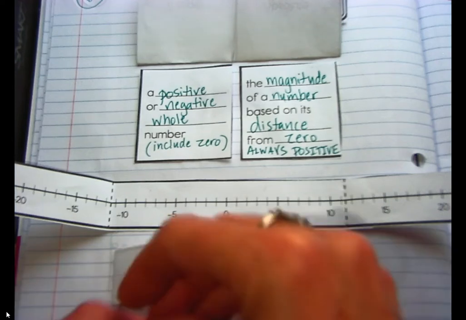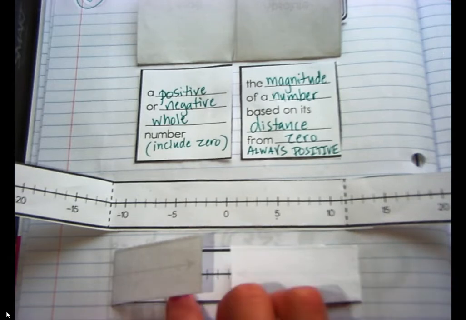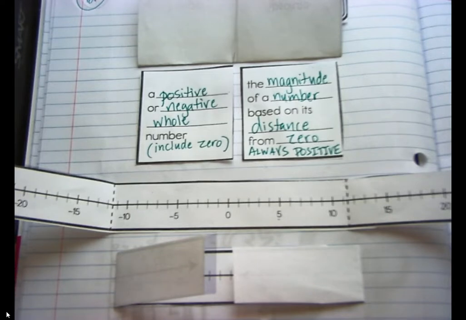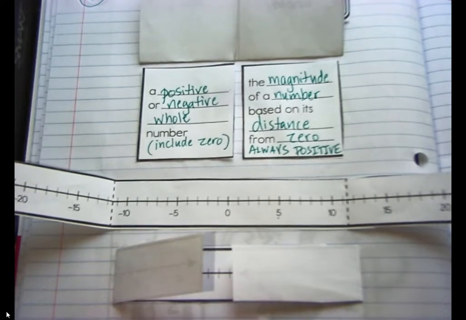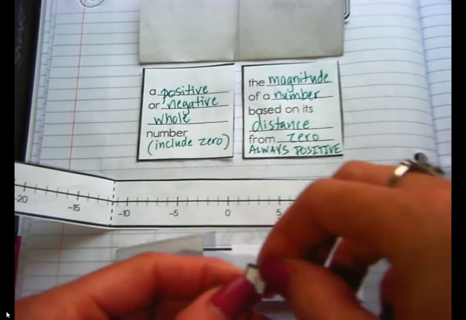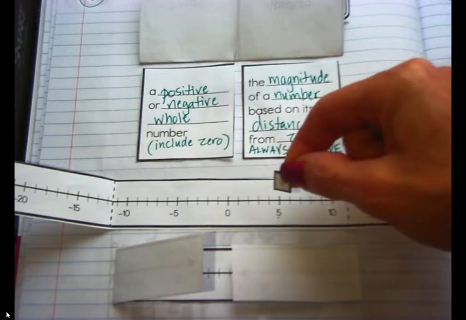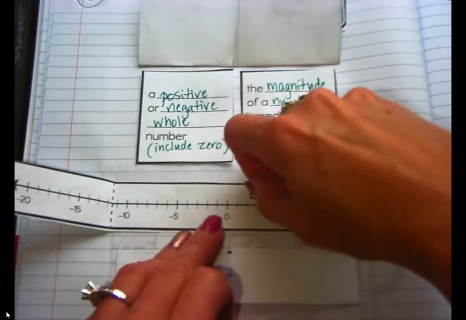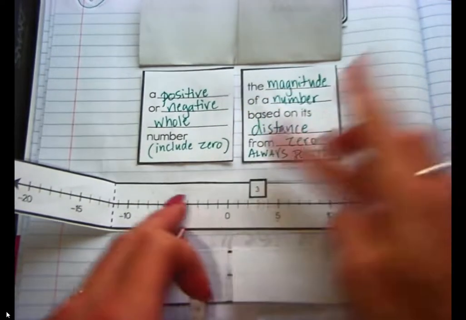Okay, so what we're doing now is we're thinking about opposites and numbers that have the same absolute value. So let's start with 3. Grab your 3 and you're going to glue it above 3 on the number line. So you're going to put a little bit of glue on the back and then you're going to put it above 3. Okay.